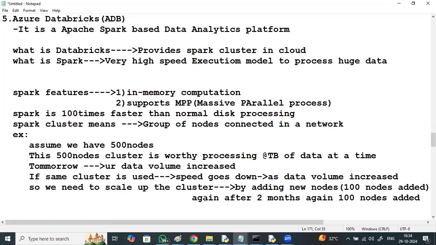Again after 2 months, again 100 nodes added. Every time scaling up the physical data center is a complex task.